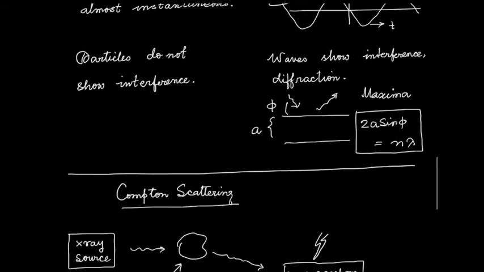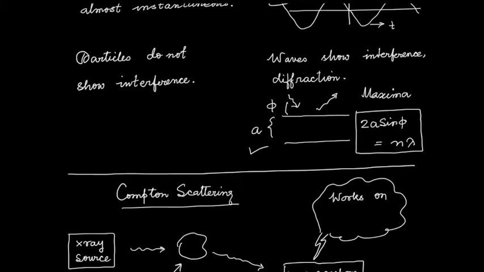But remember, the X-ray spectrometer works on this principle: there is some crystal sitting over there, calcite in the case of Compton, and we are looking at the interference phenomena happening through this crystal. So it works on interference.